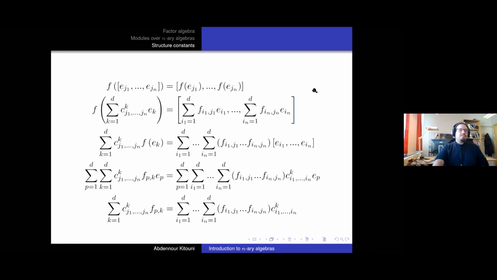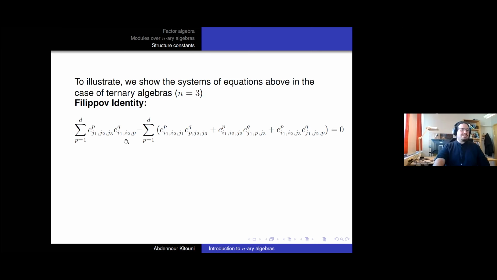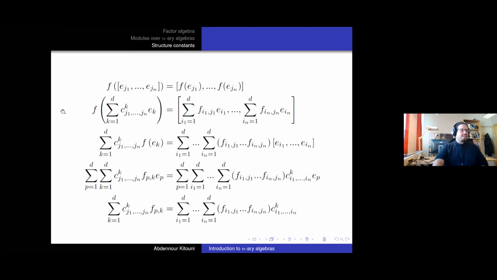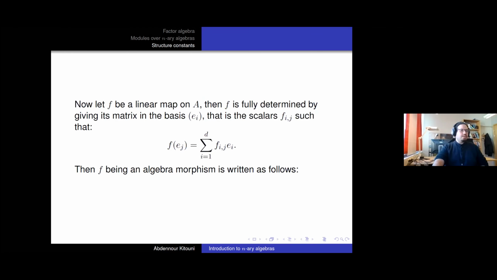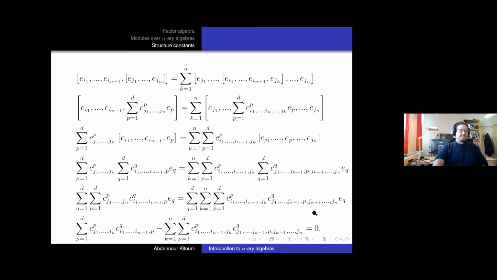So for ternary algebras, this is how those equations would look like. The Filippov identity that I showed before, so this is the Filippov identity. Here what happens is that instead of n different indices, we end up with 3.